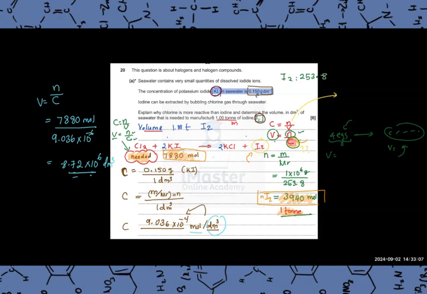I got 8.72 times 10 to power of 6. Yeah, that's right. That's what I wrote, right?